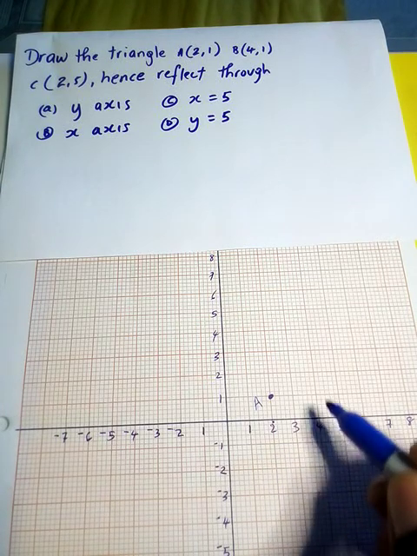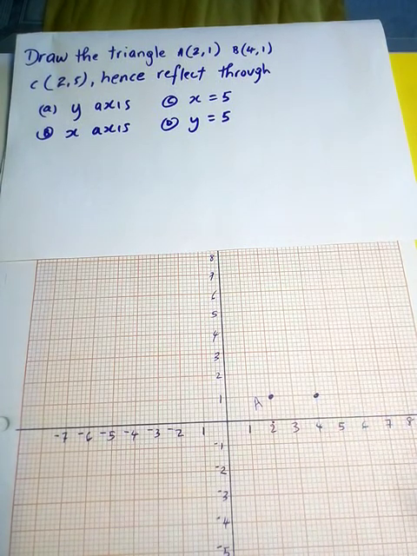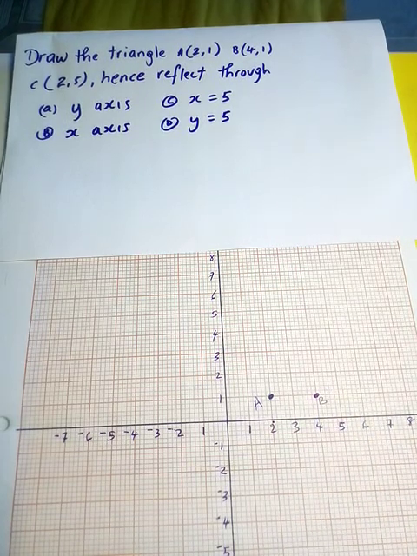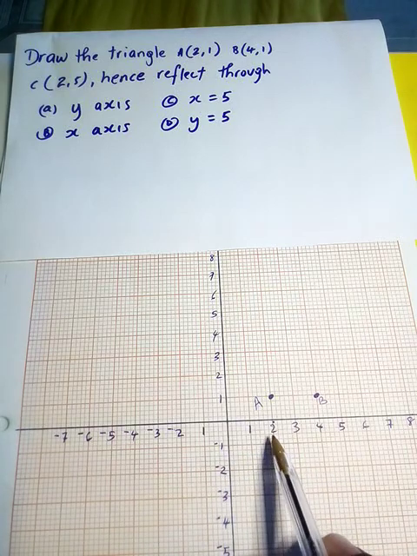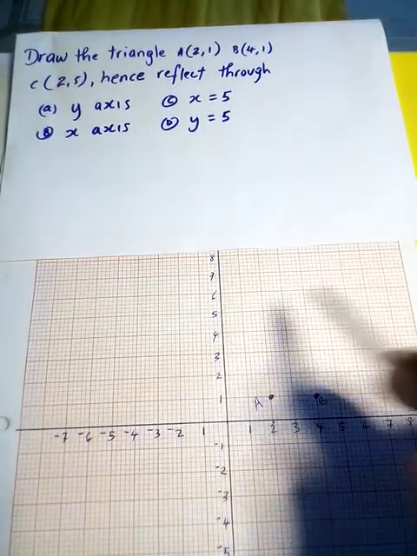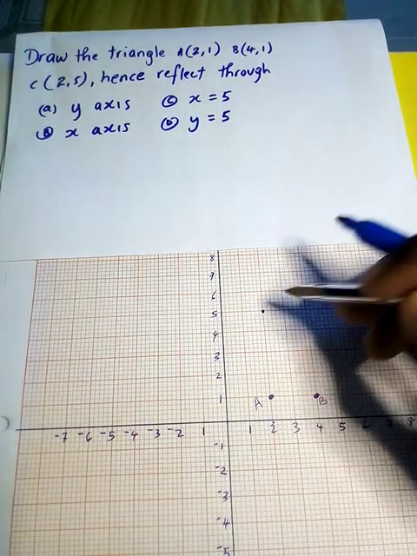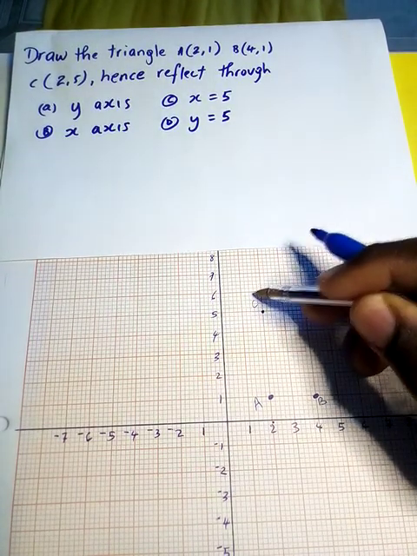So 4 on the x-axis to 1. And that's object point for B. So always label your points, your coordinates. And finally C, 2 on the x-axis to 5 on the y-axis. And that's the object point for C, the vertex.